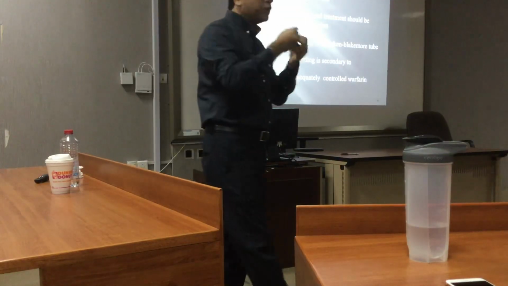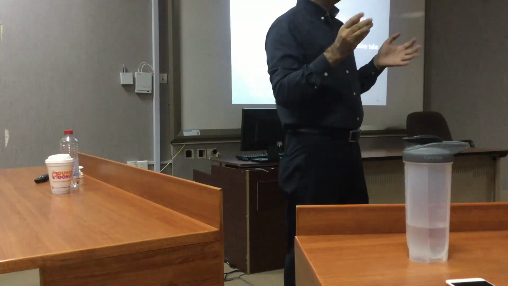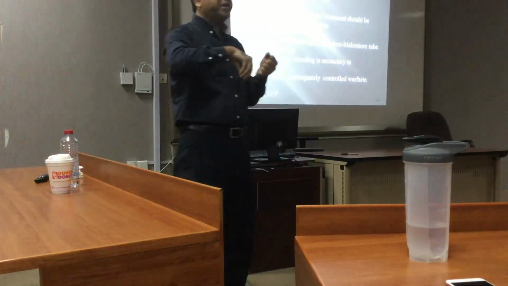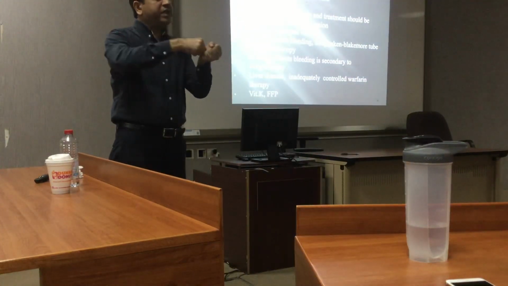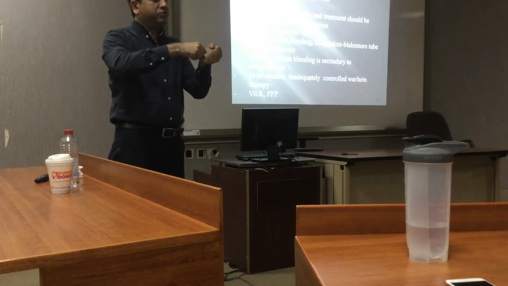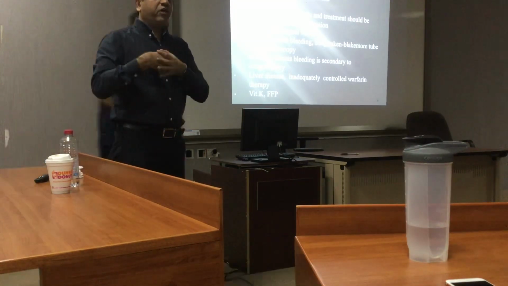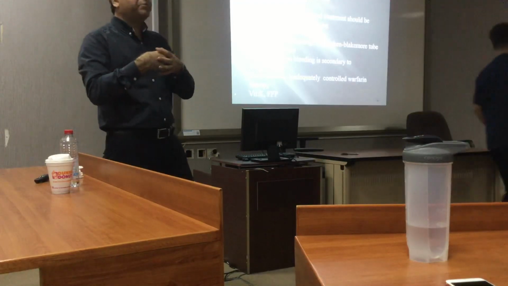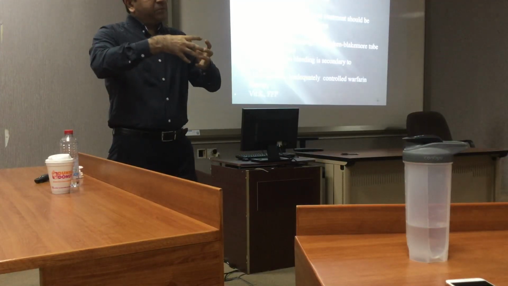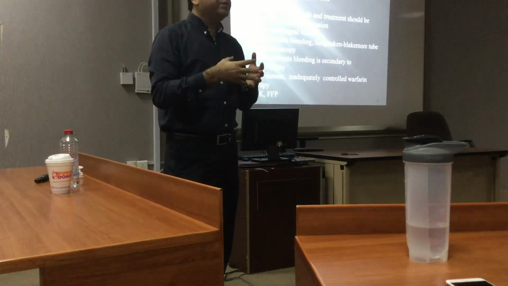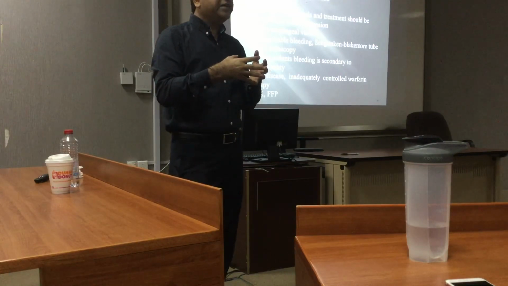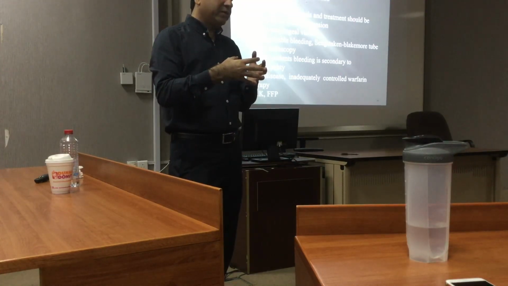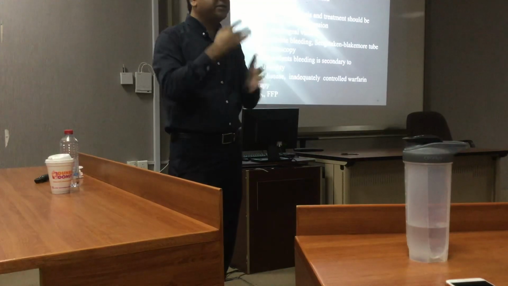In that case, endoscopy is not possible. So what to do? You pass this tube inside and you inflate the balloon. One balloon in the stomach, one balloon in the esophagus. So what will happen? When it is inflated like this, bleeding will be stopped for the time being. Now this is the time to resuscitate the patient.